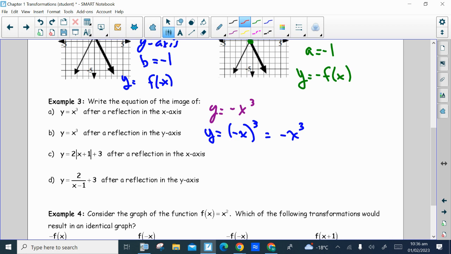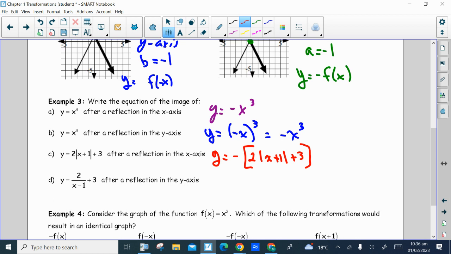All right, question C. If you take that equation and then you reflect that graph over the x-axis, when that happens, a is negative. Now, a is multiplied by f at x. The entire function is multiplied by a. So in this case here, you're multiplying the entire function by -1.